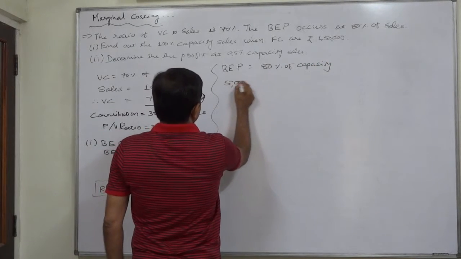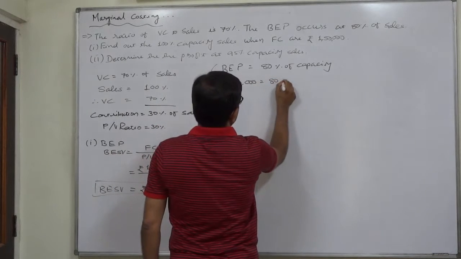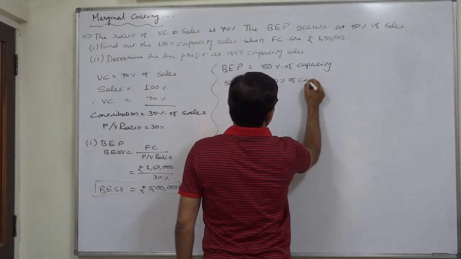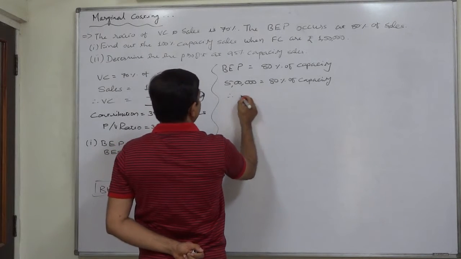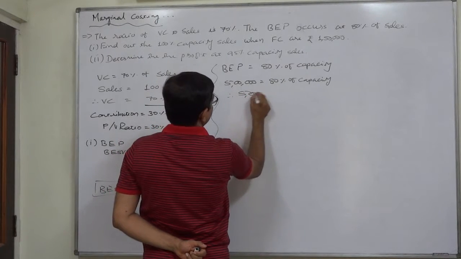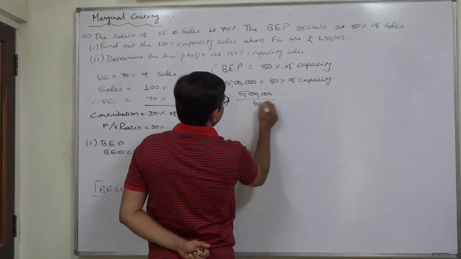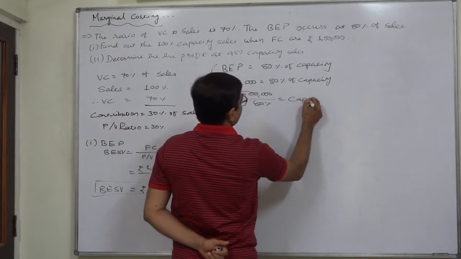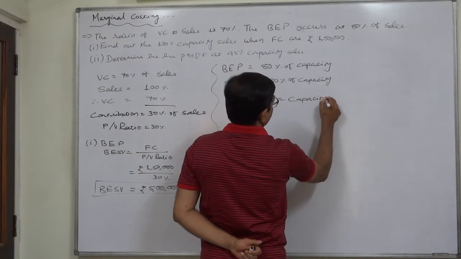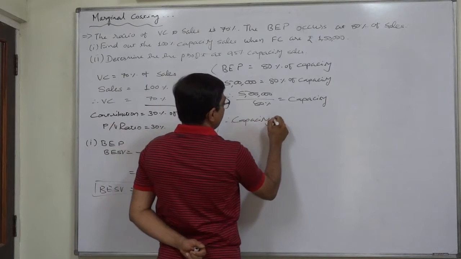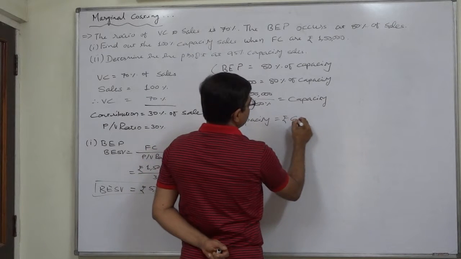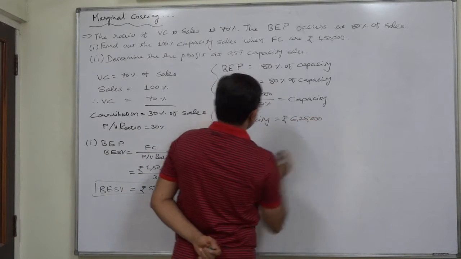That is 5 lakh. So the capacity would be 5 lakh divided by 80%. Therefore, full capacity equals rupees 6,25,000.